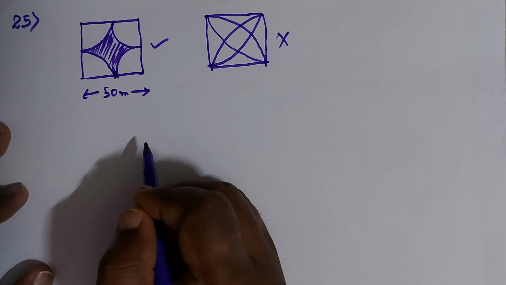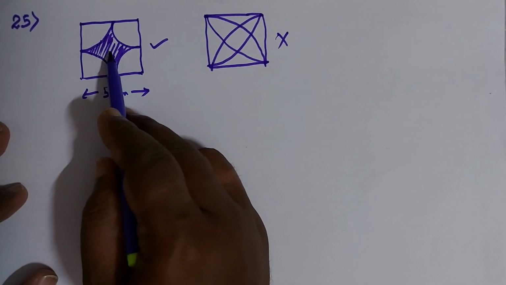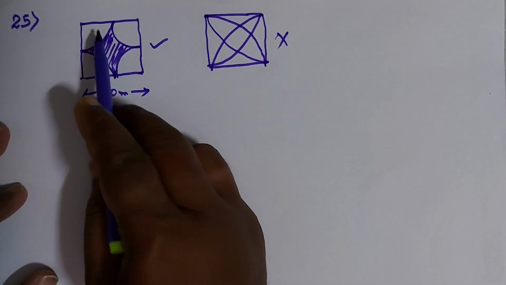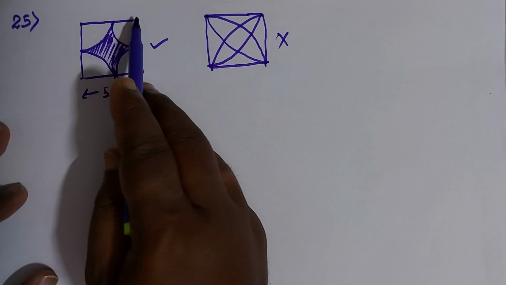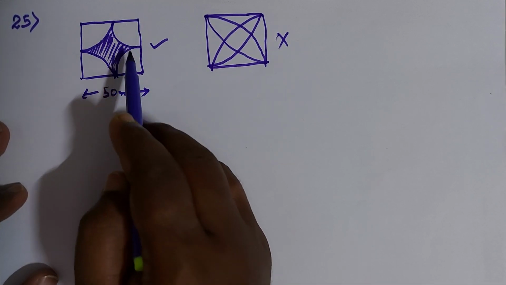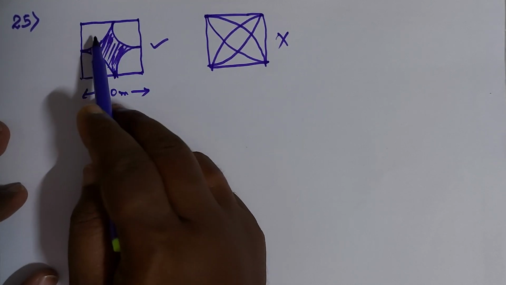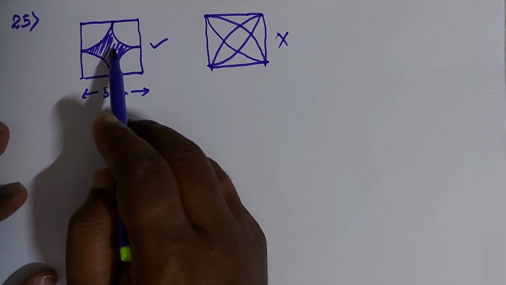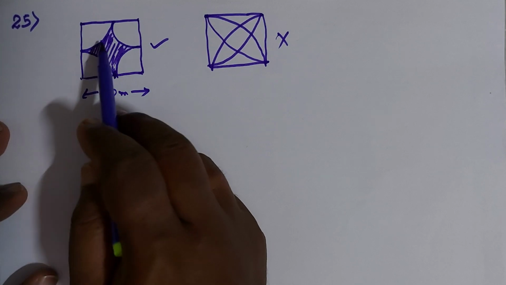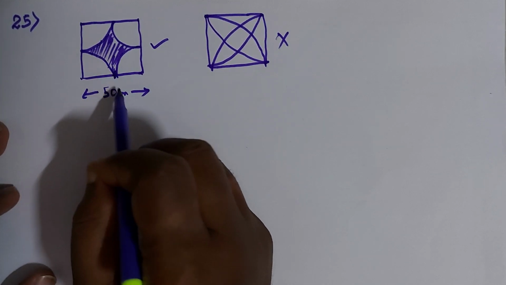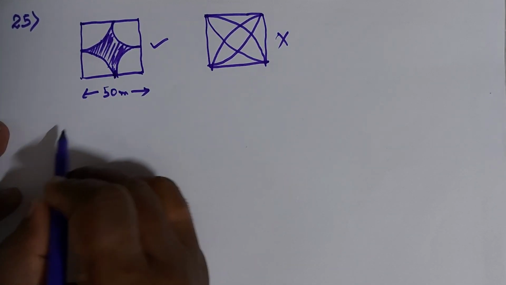To determine this shaded area, first we need to determine the area of this square, then the area of this quadrant. If we subtract the area of the quadrants from the whole square area, then we can determine our wanted value.